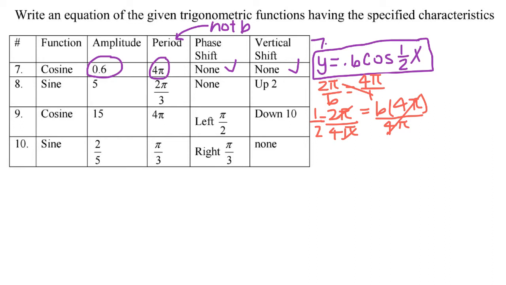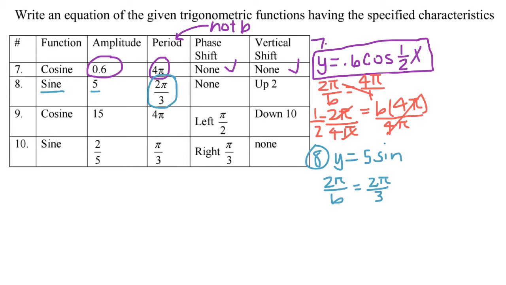Okay, so let's try number 8. And again, number 8, we're told that we have a sine function, amplitude 5, so we can get this started. We have y equals 5 sine, but now we're told that we have a period of 2 pi over 3. So that means that 2 pi over b had to be equal to 2 pi over 3.